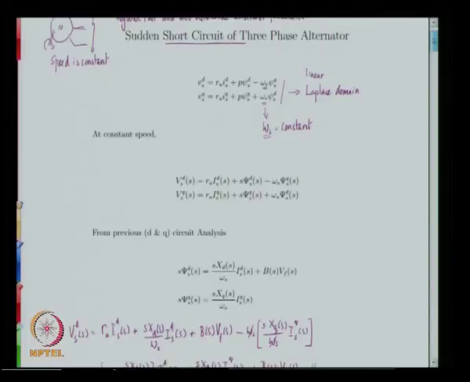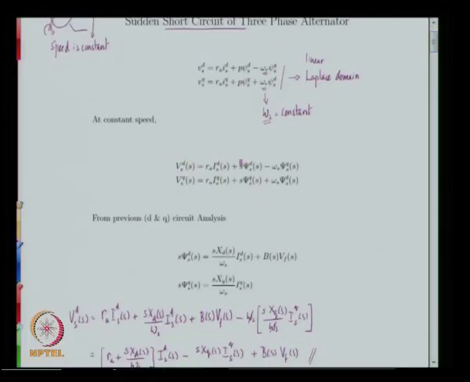From analysis of those equivalent circuits we derived expressions for these two terms, P psi d of s and psi q of s, in terms of Id, Iq and the field, and we used those expressions to substitute into these equations, which are for an alternator running at constant speed.